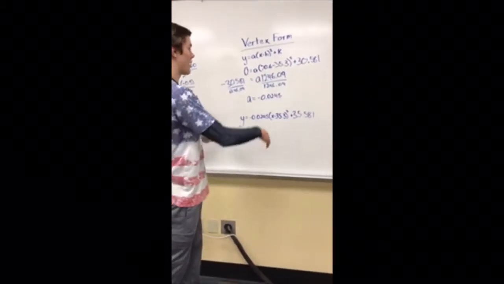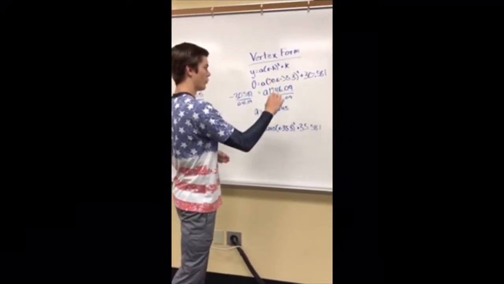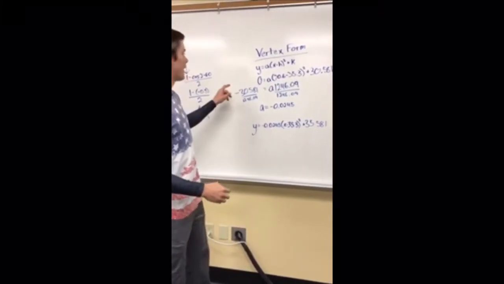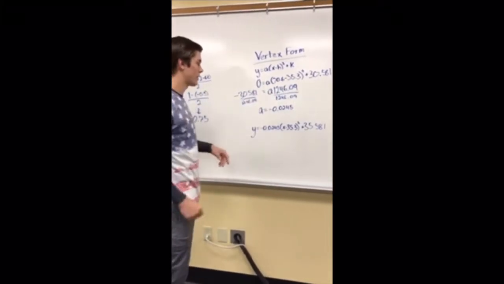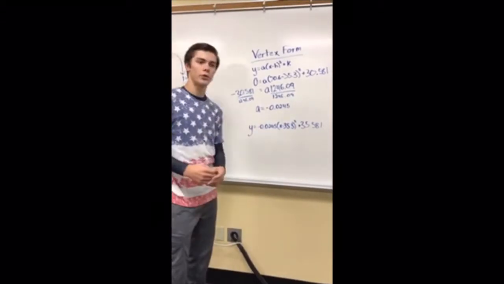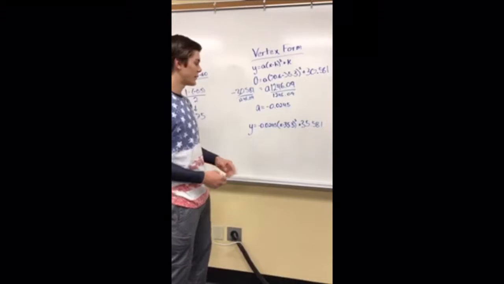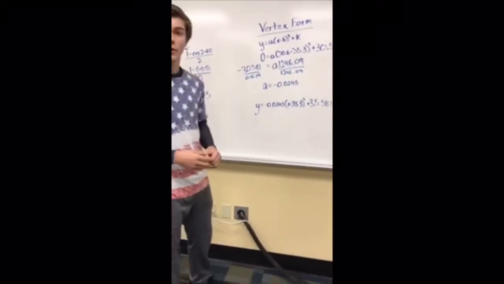And then we come out with, right here, 1,246.009, and then over here we subtract the 30.581. And after dividing by 1,246.09, come out with 0.0245. Then we just plug that into our A and take out the range from the X, and we have our vertex form.